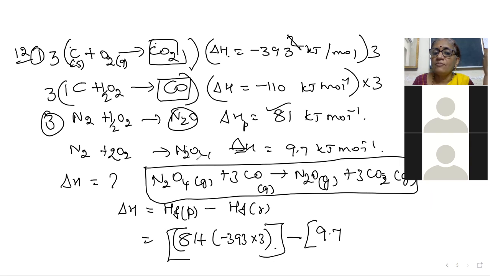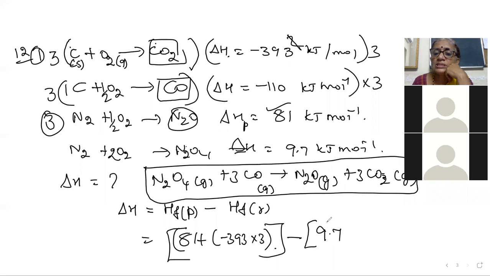Minus, for all the reactants, the del H value I am subtracting. So you can do it using Hess law also. There also you'll get the same answer. This is another type of formula that I can use for this calculation. Some students find this formula a little easier. That's why I'm introducing this formula also.